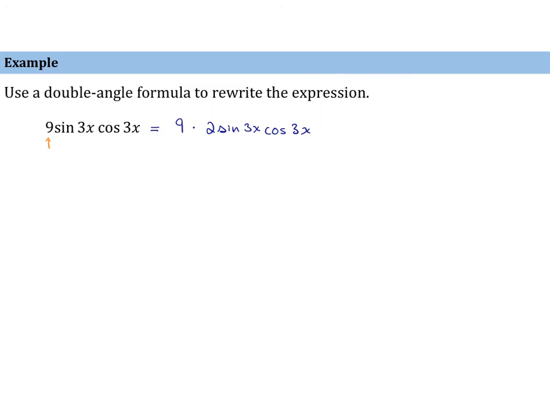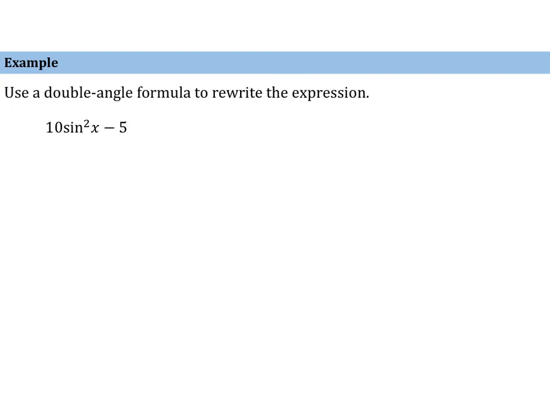I've got this extra factor of 2 in front of our sine 3x cosine 3x that was not present in the original. So I'm going to divide the 9 by 2, and then that would balance the additional factor of 2. So now this is 9 halves, and 2 sine 3x cosine 3x is sine of twice the angle. But here our angle is 3x, so twice that would be 6x.